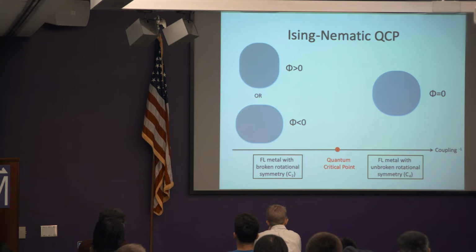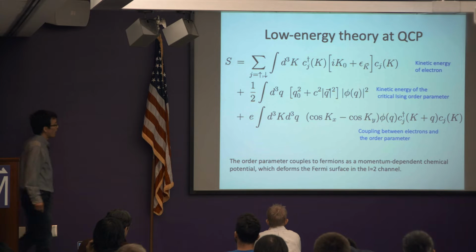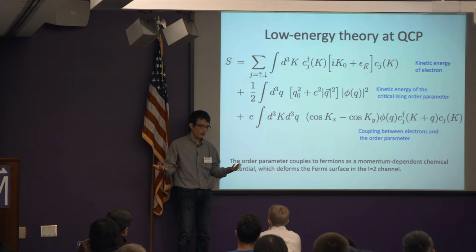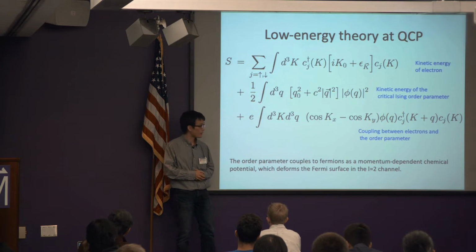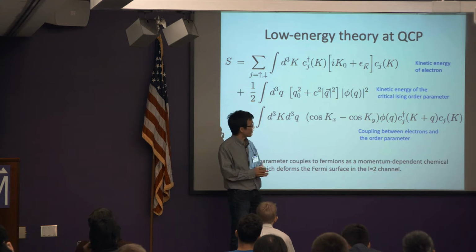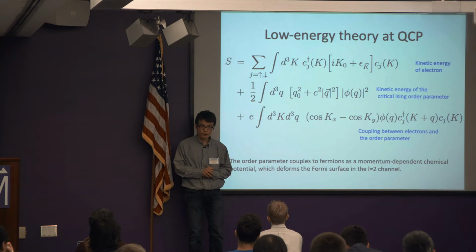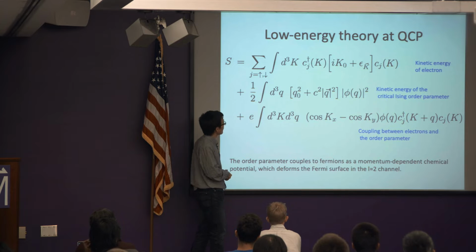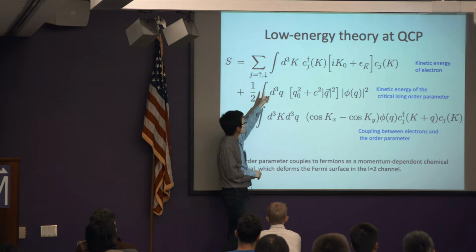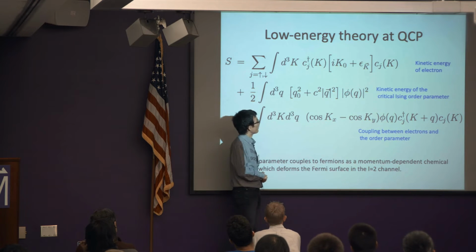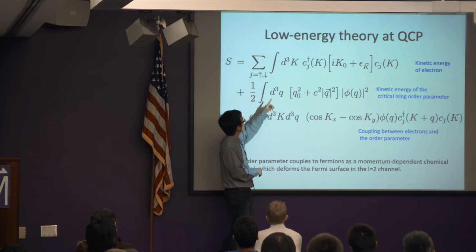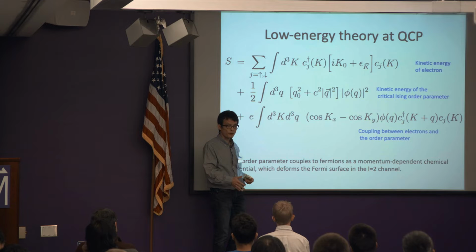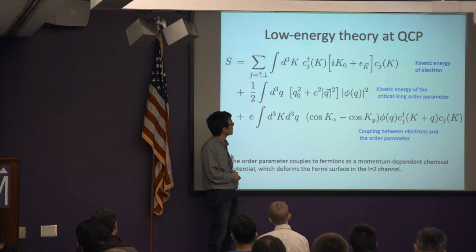So at the critical point, we not only have gapless electronic degrees of freedom at low energies, but you also have a gapless fluctuating order parameter. So here is the effective action. The first line is just the kinetic energy of electron. I'm working in 2 + 1 dimensions, so d3k is a sum over frequency and spatial momentum.